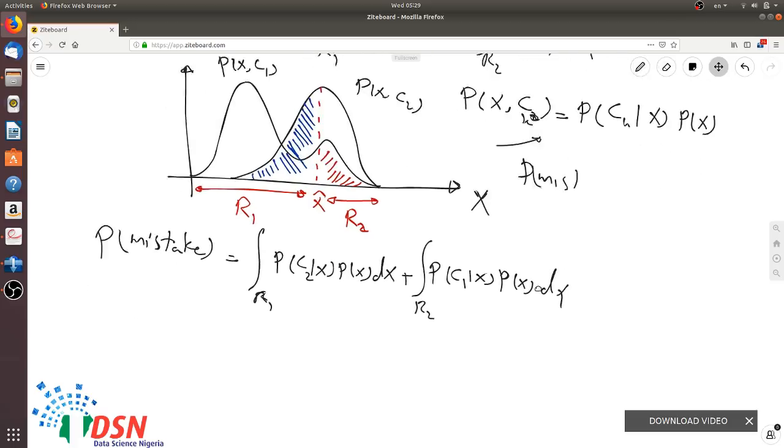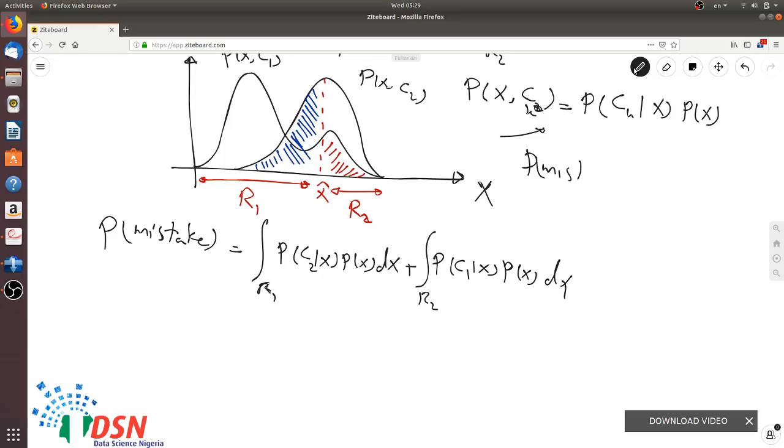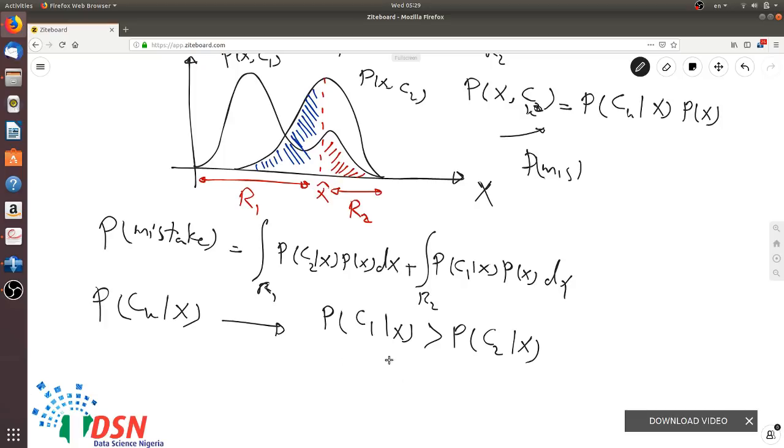So if we want to assign X to one class, we just need to determine P of C_k given X. In this case, if P of C1 given X is greater than P of C2 given X, we decide that person is normal.